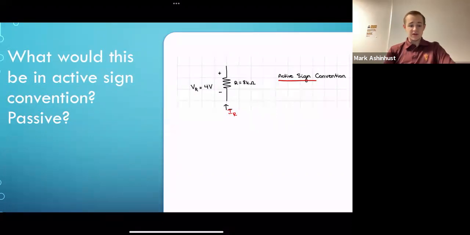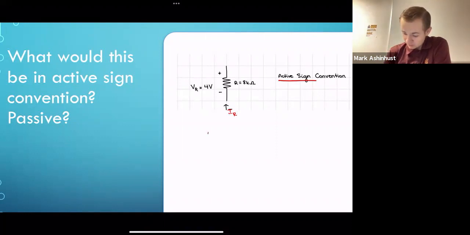So looking at this in active sign convention, we have negative to positive over the resistor. That is a voltage rise, right? We start low and then we build high, we rise. So a voltage rise in active sign convention would be positive.